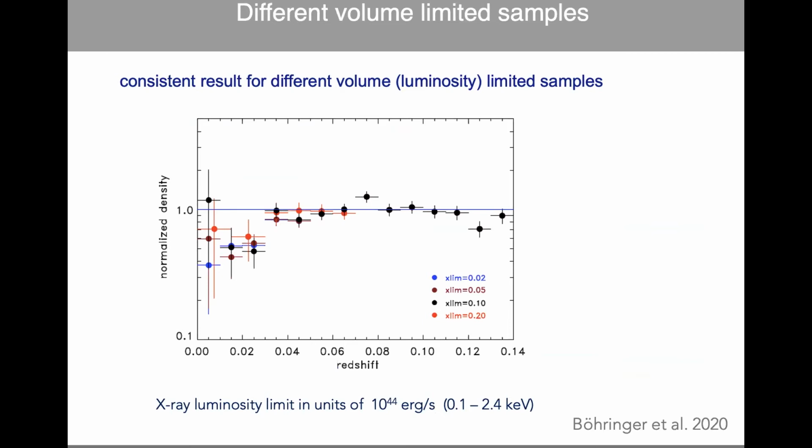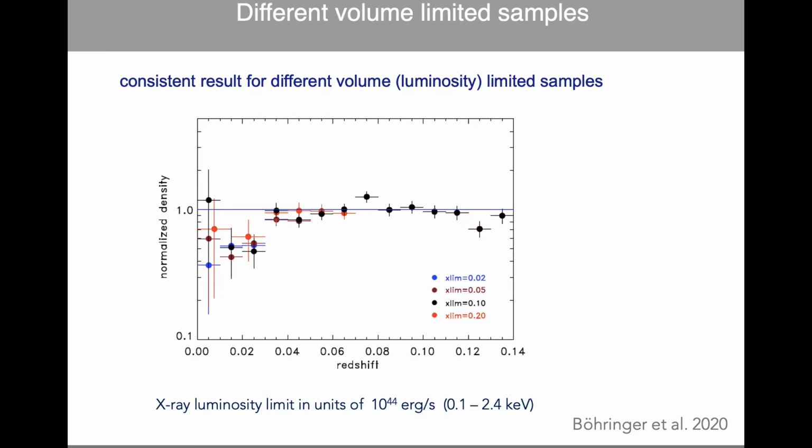We can go to a higher flux limit where we have a volume limited sample, where we have all the clusters at this luminosity limit in our sample out to a certain redshift. We only plot the points which are volume limited, and if we go to a very high flux limit, we can trace it very well outside.